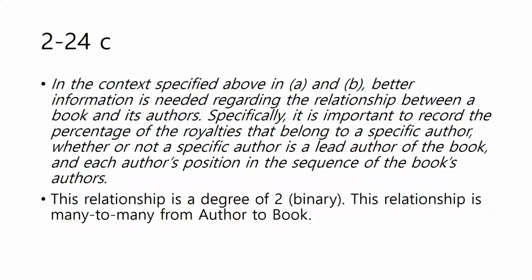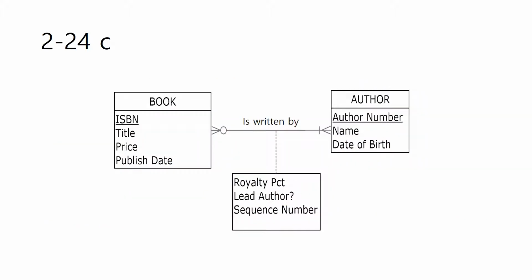Specifically, it is important to record the percentage of the royalties that belongs to a specific author, whether or not a specific author is a lead author of the book, and each author's position in the sequence of the book's authors. This relationship is binary, and also this relationship is many-to-many from author to book.